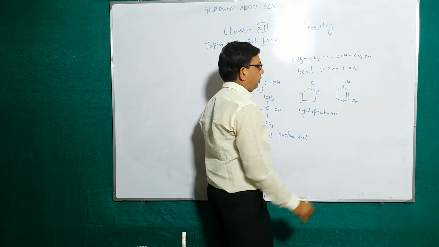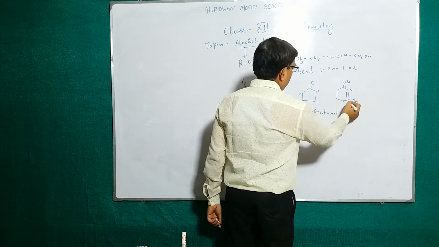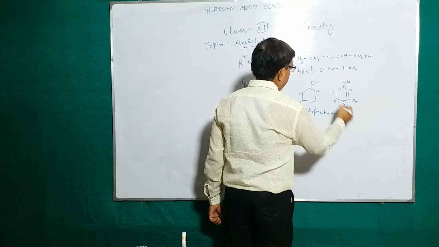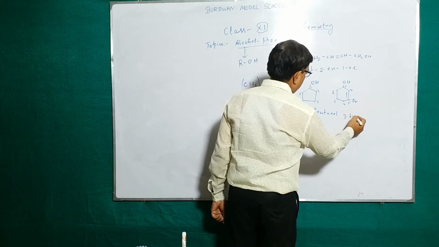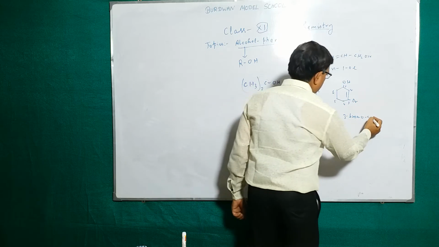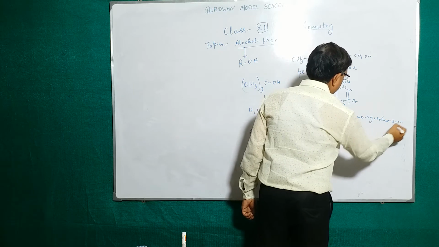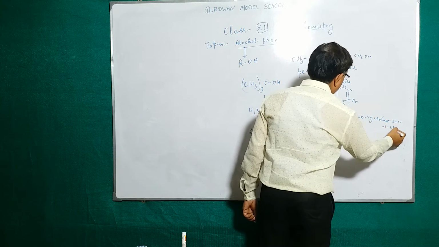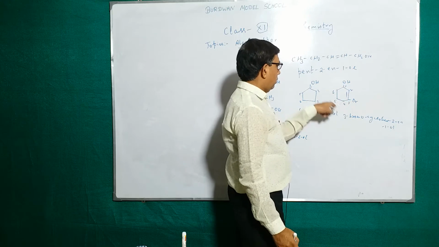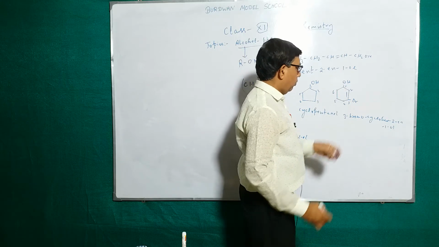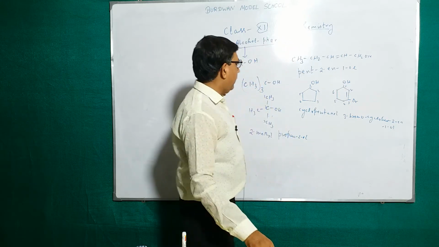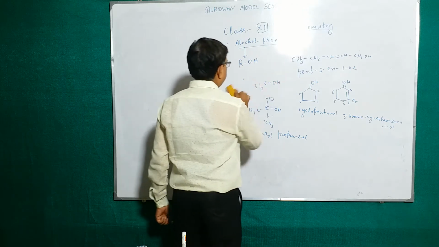What will be the name of this compound? 1, 2, 3, 4, 5, 6. So 3-bromocyclohex-2-en-1-ol. So these will be some IUPAC names of this compound.